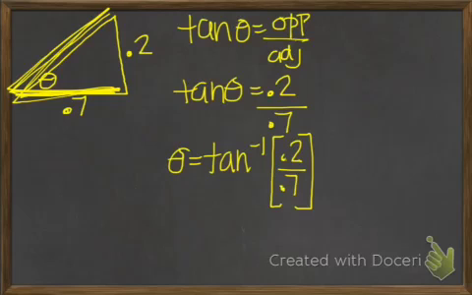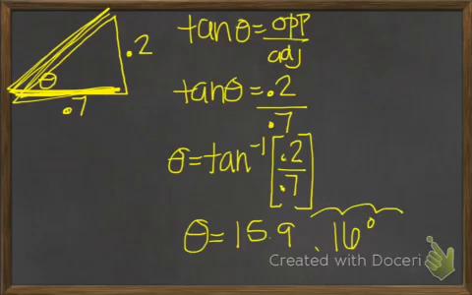It's the inverse tangent. So hit the second tangent button and then 0.2 divided by 0.7, and you should end up getting theta equals 15.9, which we would then round to 16 degrees looking at our significant figures.